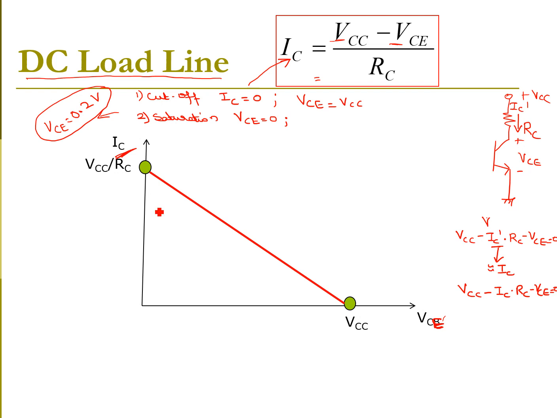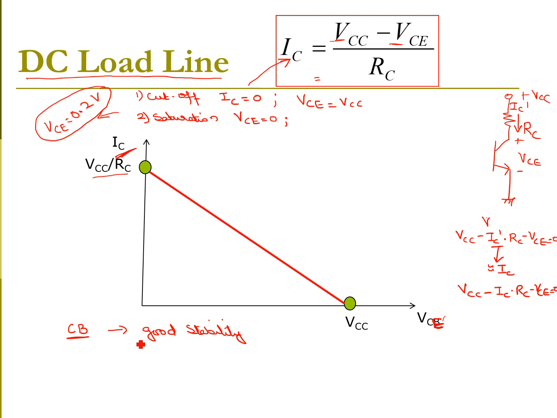So why was it important to plot the DC load line? We have found out that the collector to base bias circuit has good stability. When I compare with fixed bias, the stability is good. For emitter bias, almost the same stability.